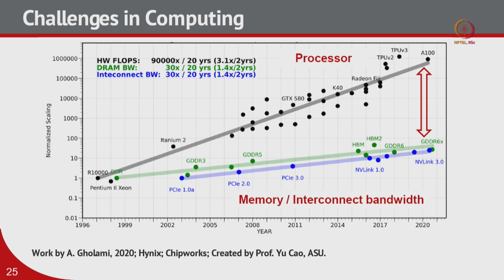So, that is why at the end of 2020, as you can see in this figure, there is a huge gap between the hardware floating point operation of the processor and the DRAM or the interconnect bandwidth, correct.